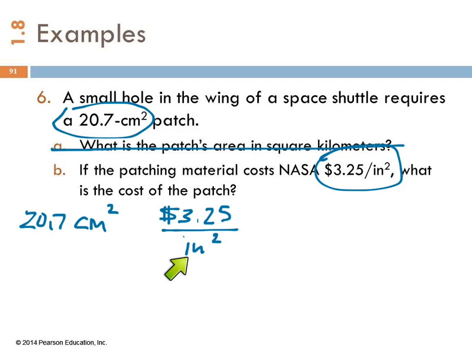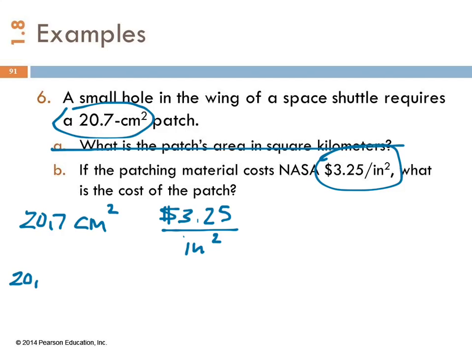Here we have two units with a per, dollars per square inch. 98% of the time, I just made that up, but a lot of the time, that's going to be used as a conversion factor. That's not the number you're starting with. Some students have a hard time knowing which one to start with, because if you start with the wrong one, you go down a rabbit trail and get frustrated. So we're going to use this as a conversion factor, and we're going to start with 20.7.